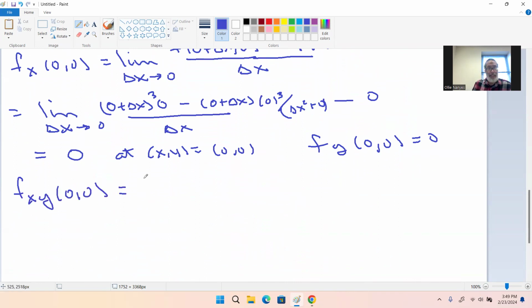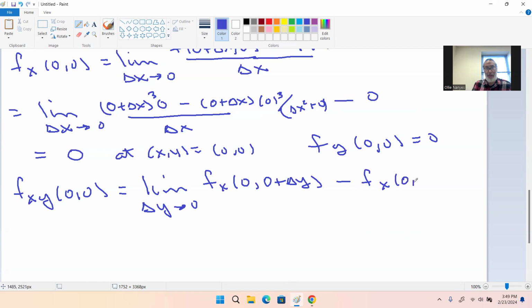Well, that's going to be the limit as delta y now goes to 0 of the first partial of x at 0, 0 plus change in y, minus f sub x at 0, 0. See, this is why we needed that delta y.